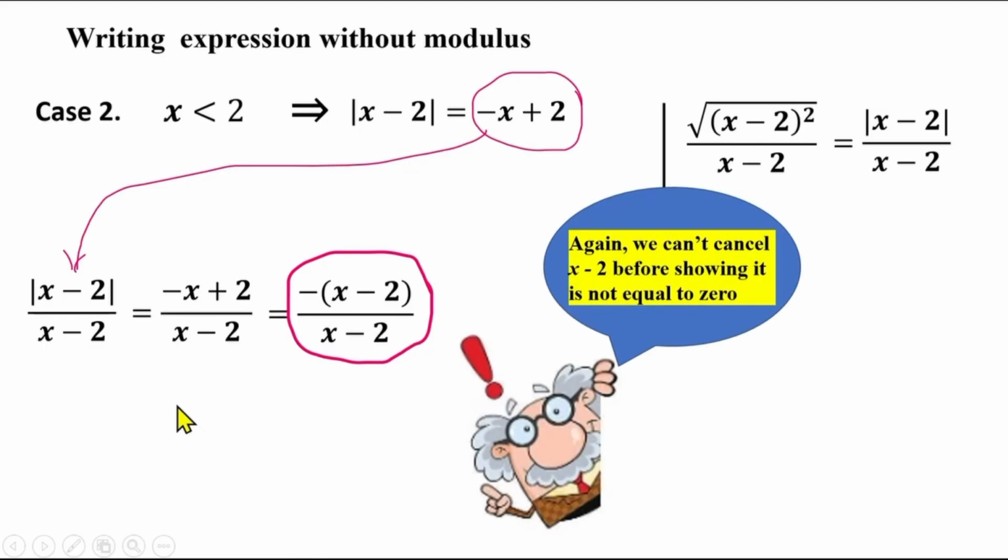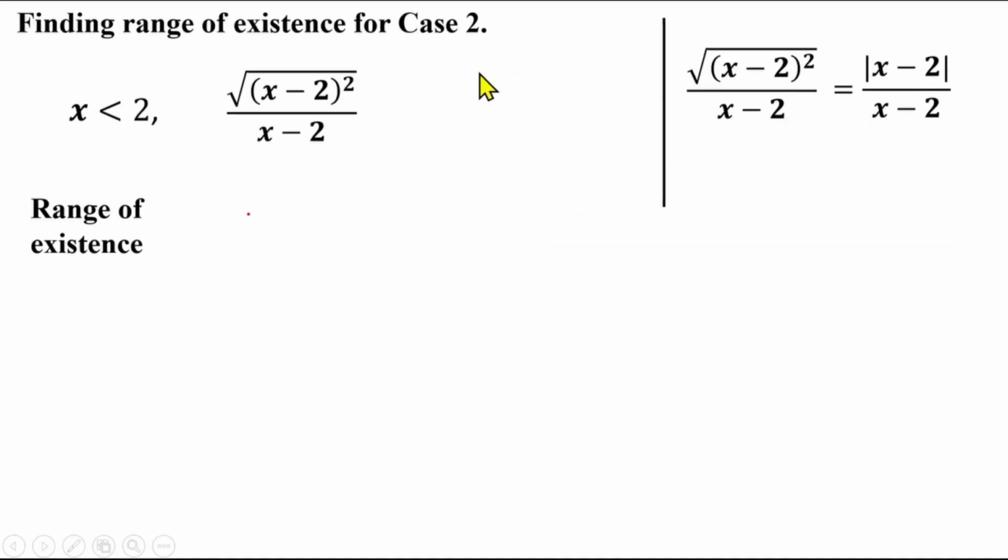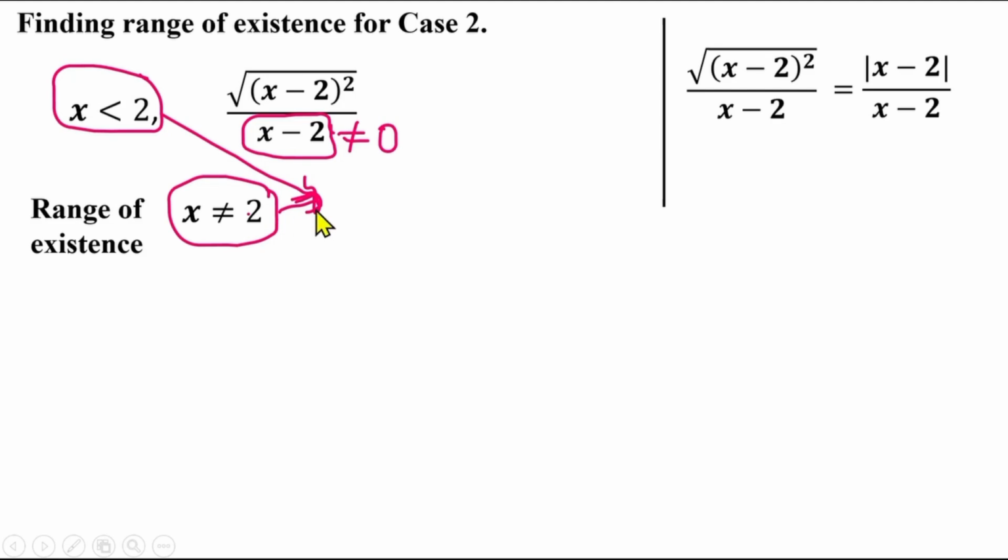And now we analyze the range of existence for case 2. Again, the denominator must be not equal to 0, and it means x not equal to 2, and this is valid for the entire interval. So we have here a range of existence coinciding with this inequality, x less than 2.